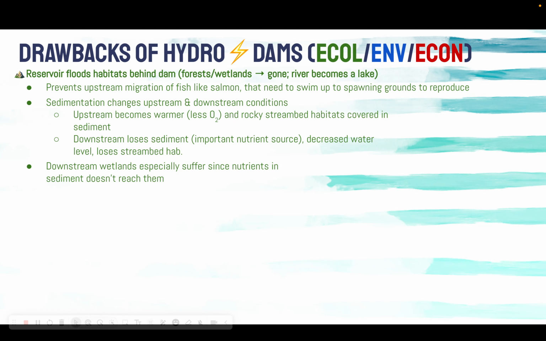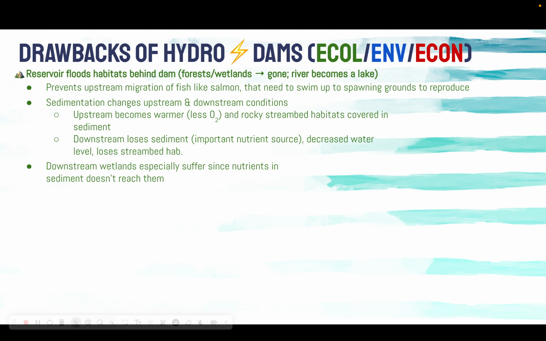And that actually floods the area that was part of that river's watershed. So this can prevent upstream migration of fish like salmon, and so communities need to worry about that. These salmon need to swim upstream to reach their spawning ground so that they can reproduce. So that is a real problem.